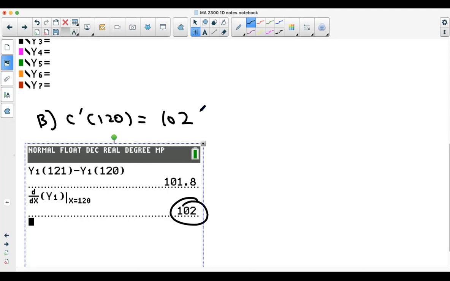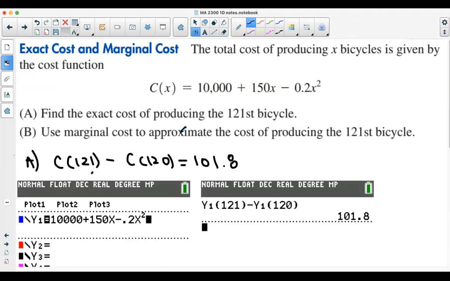So this is what we can do. You can do it by hand or you can use the calculator. All right. Now, we've been comparing the marginal cost of $102 versus the exact cost of $101.80. One of the benefits of having this marginal cost is that it gives you a very nice tool to approximate what's about to happen next, without actually going through the actual calculations.